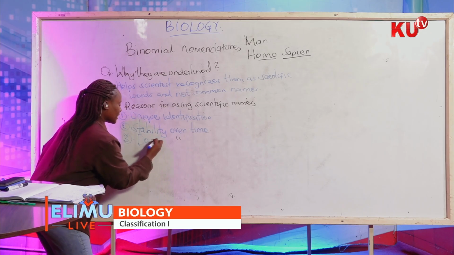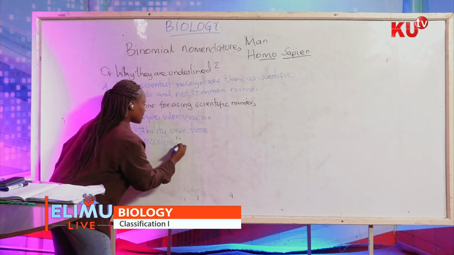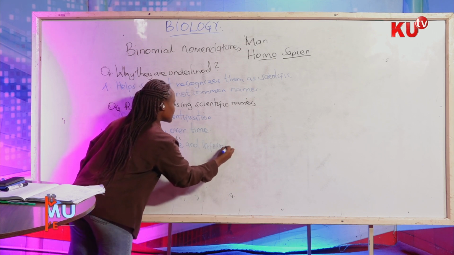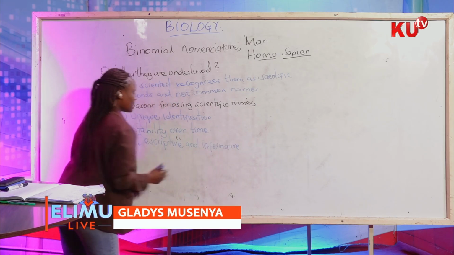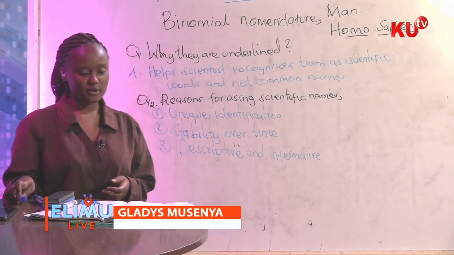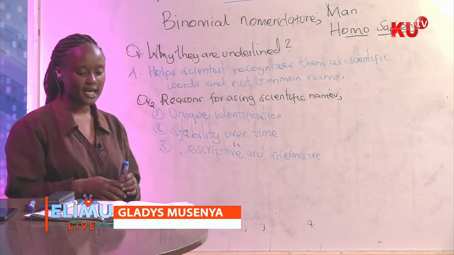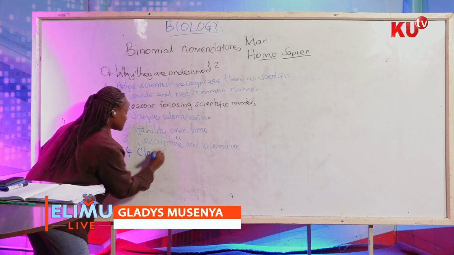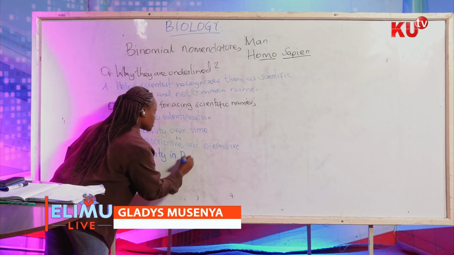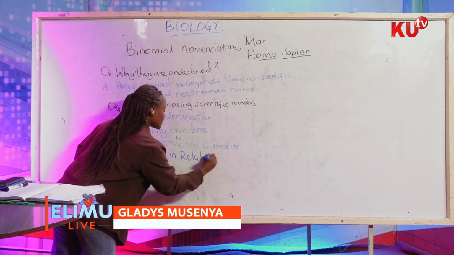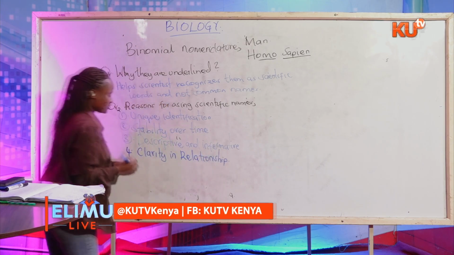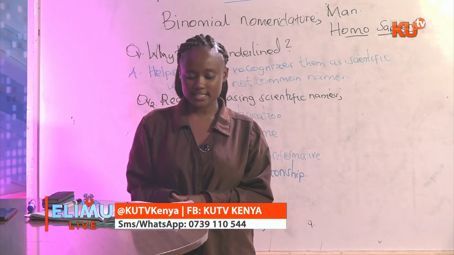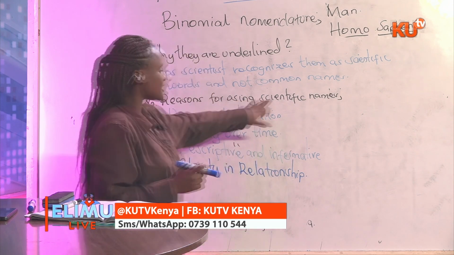Scientific names are descriptive and informative. And then we have the fourth one, clarity in relationship. And then why use Latin to name the scientific words?